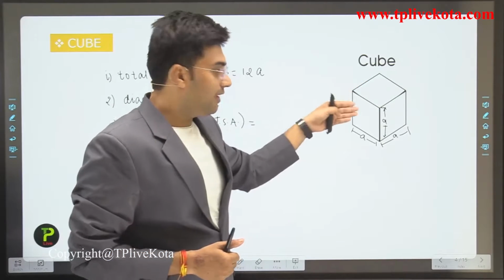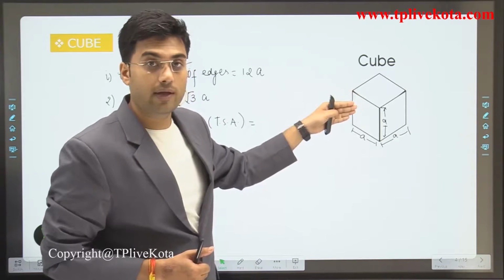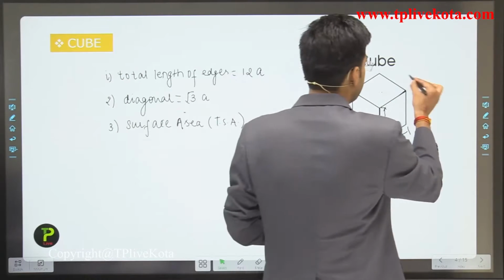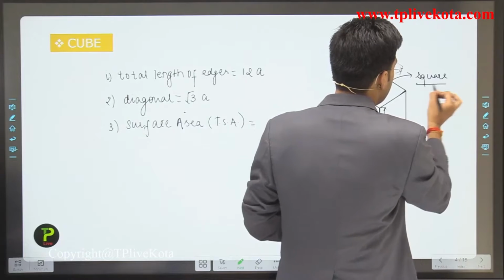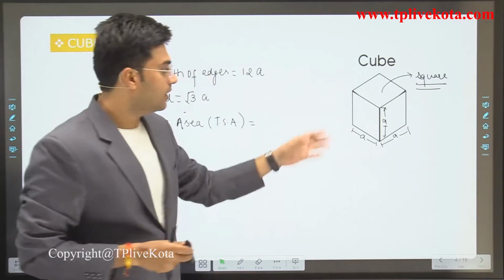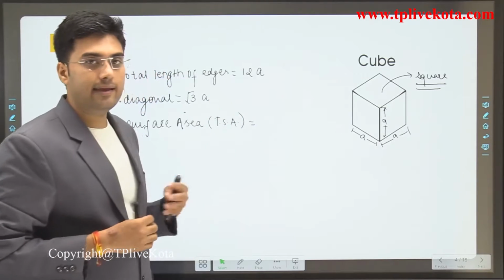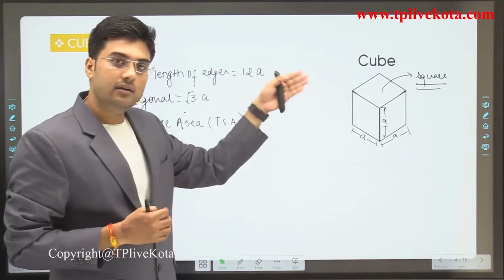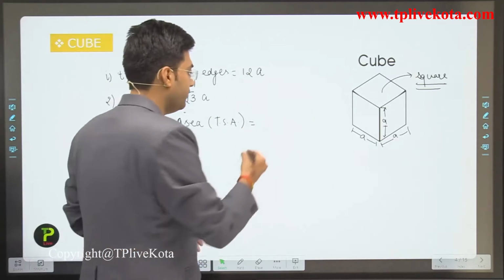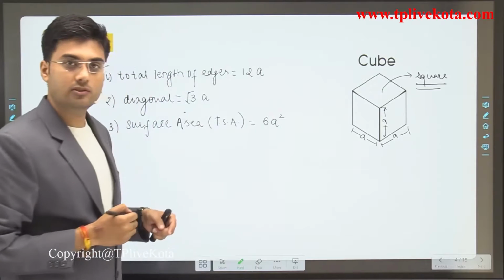Here we have 6 faces and all 6 faces are squares, and the side is A. So all faces have a square area. When we add the area of 6 faces, what will we get? It is 6A square.